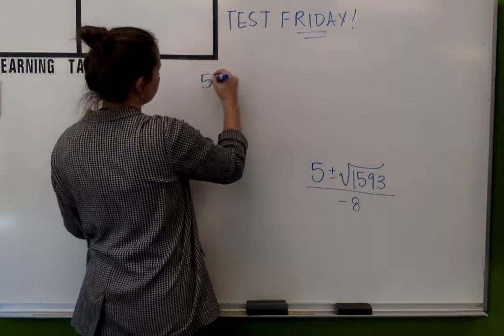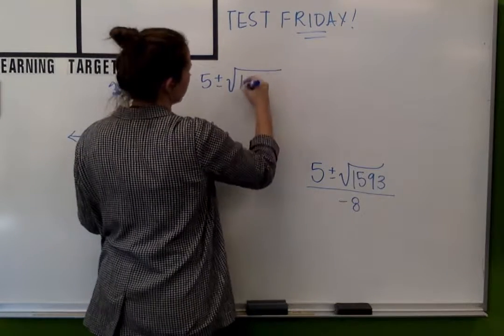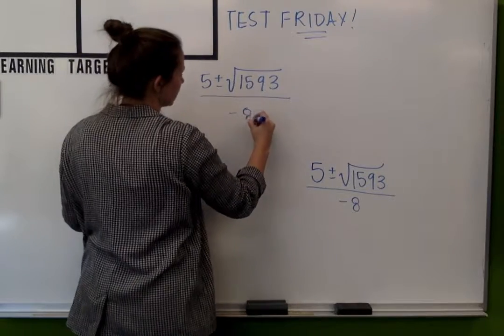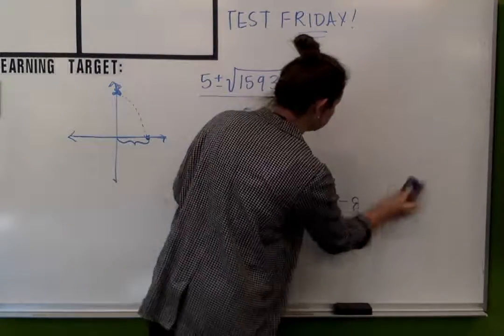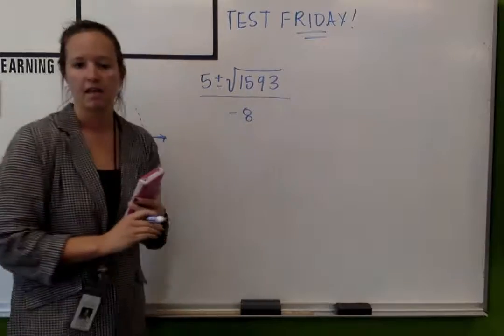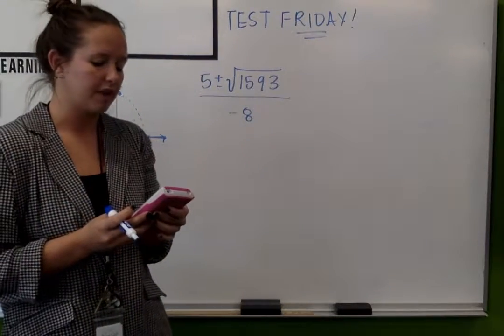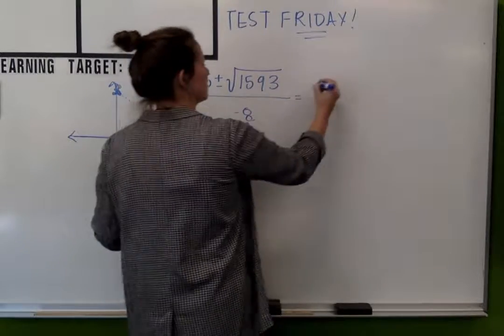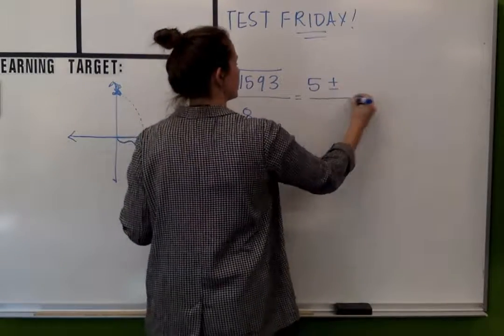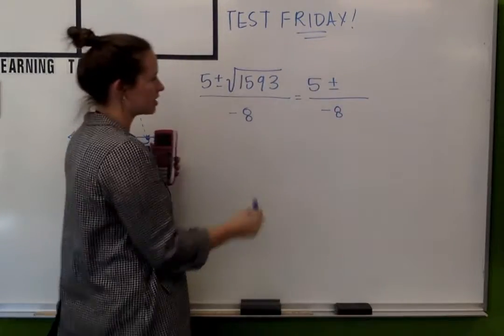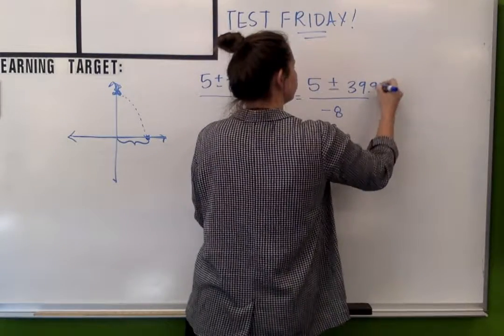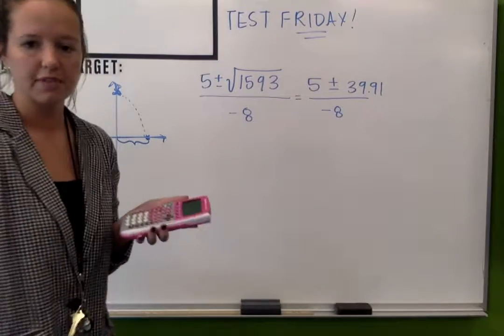And I'll show you how this is going to simplify. So it's 5 plus or minus the square root of 1593 divided by negative 8. All right, so I did the square root of 1593, and it's 39.91. Keep the 5, keep the plus or minus, keep the divided by 8, and I'm just going to change this to 39.91. Cool.